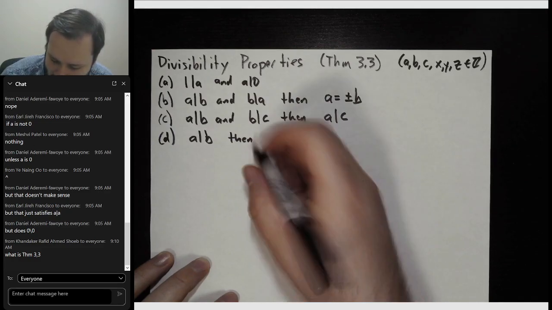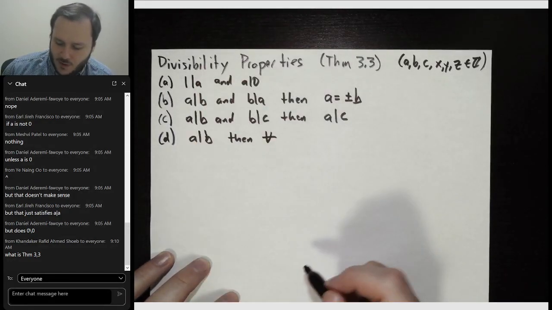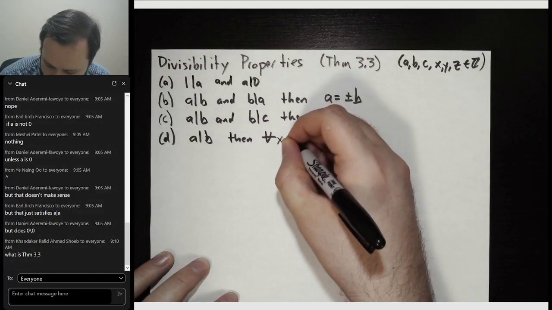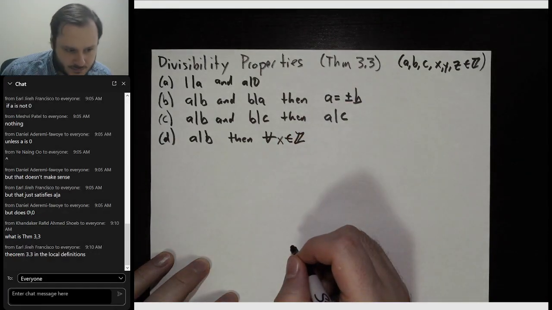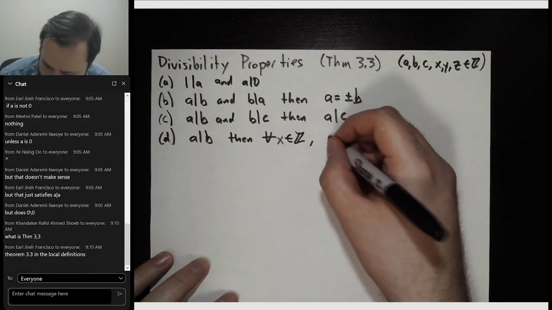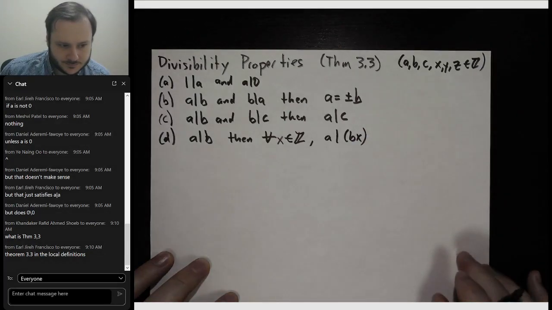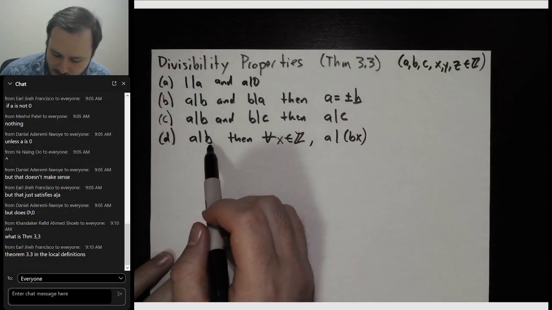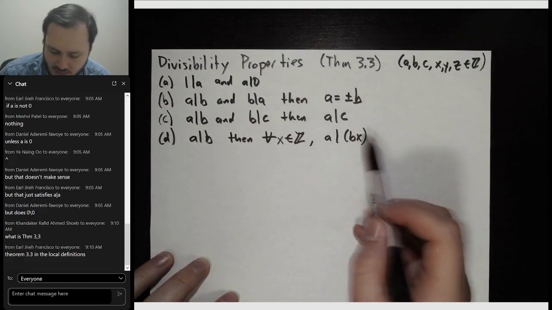What I'm writing out right now is theorem 3.3. Each of these is a part of theorem 3.3. So if I already divide something, if I multiply that something by an integer, then I divide that new thing as well.